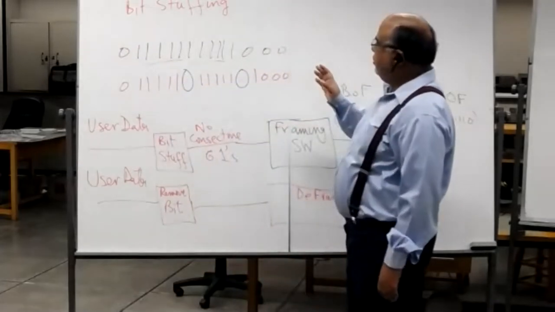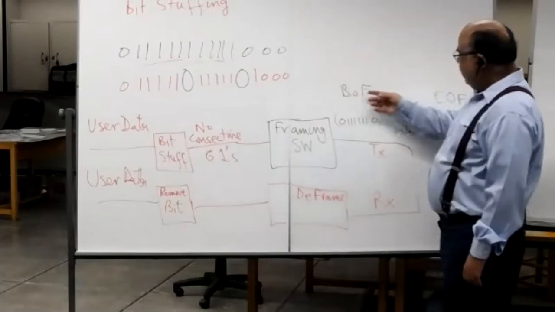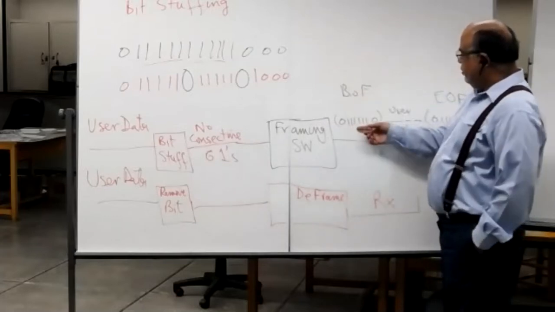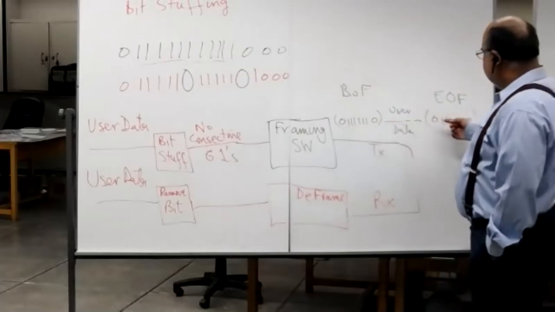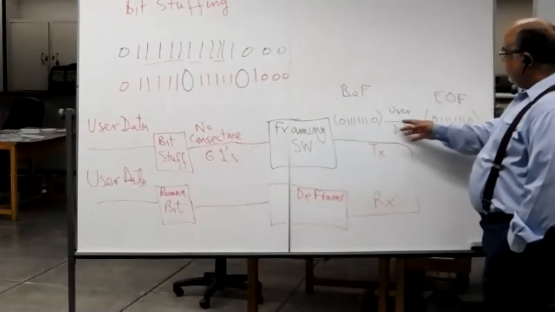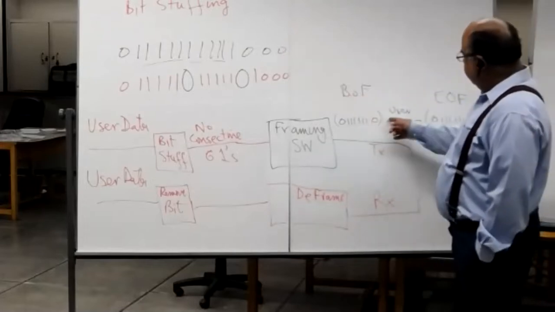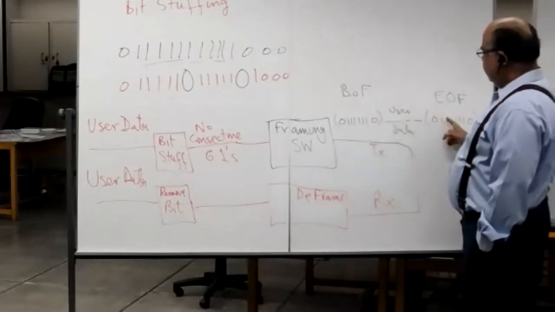This one chunk is then made into a frame by inserting this byte in the beginning and this byte at the end. So one chunk of data, which could be multiple bytes, will exist between this and this.